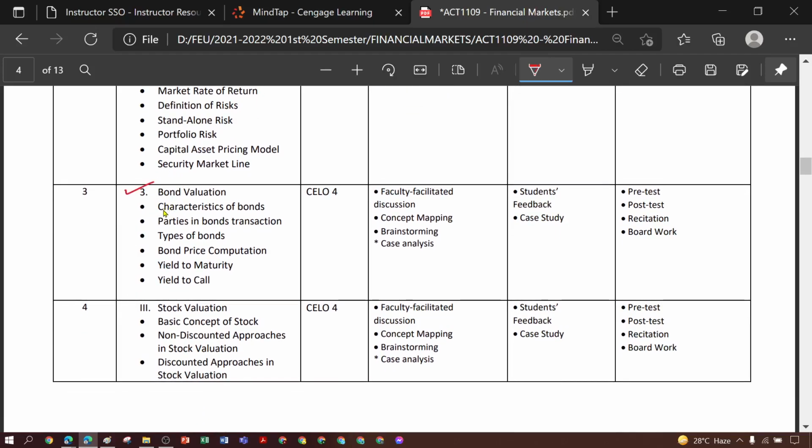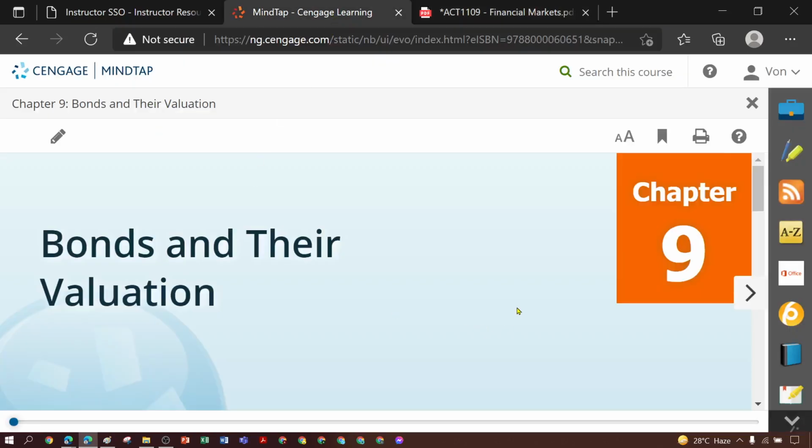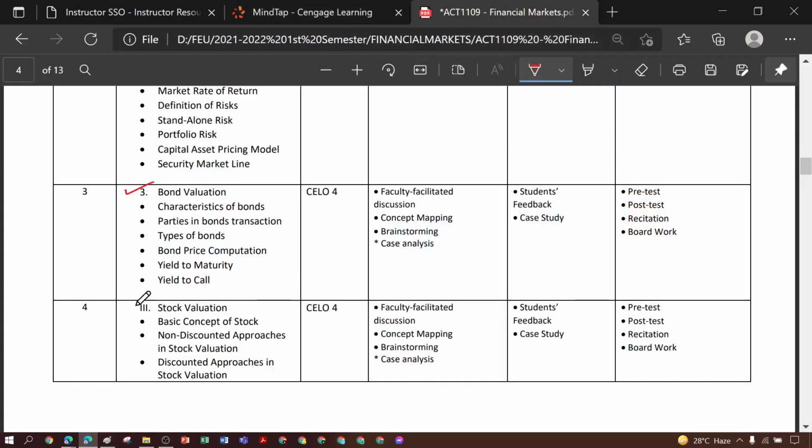Punta tayo dito sa bond valuation. Makikita mo siya sa chapter 9 ng ebook natin. Ano-ano ba yung topics dyan sa bond valuation? Characteristics of bonds, parties in bonds transaction, types of bonds, bond price computation, yield to maturity, and yield to call.